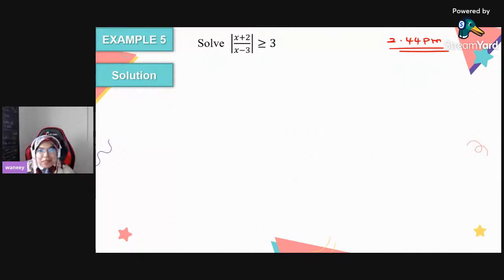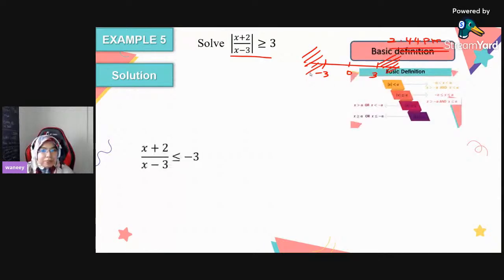Betul ke tak? Okay, so now what we are going to do is that we are going to open the absolute value sign first. So we are going to open this. So 0, 3, -3, greater than or equal to 3. Greater than 3 means on the right hand side, left hand side. So we got two different regions for them.